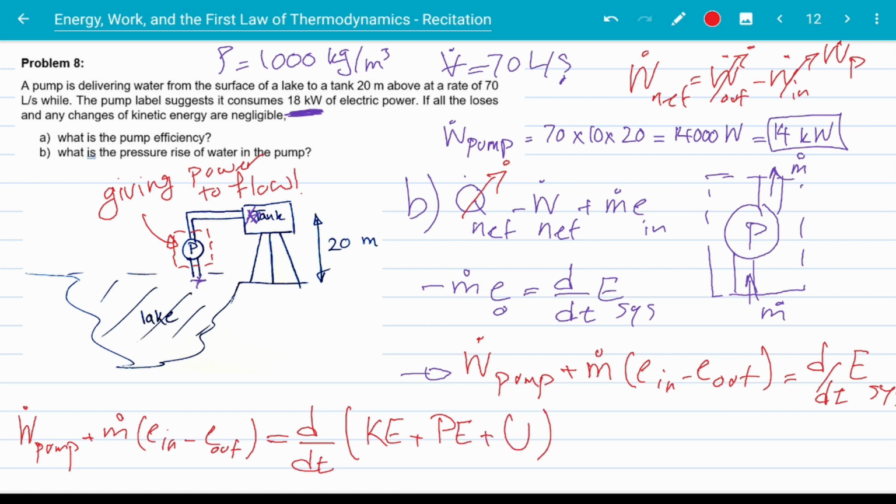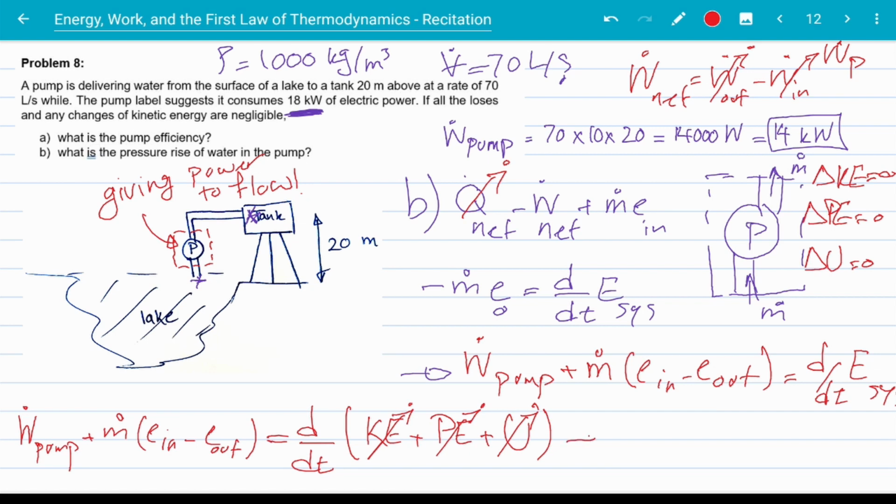Now for the control volume that we have here, there is no change in kinetic energy because the control volume is not moving. There is no change of potential energy because the elevation of the control volume is not changing. And there is no change of internal energy because the temperature is not changing. There is no phase change happening, no chemical reaction happening, no nothing. So d/dt of all these three energies are going to be 0.